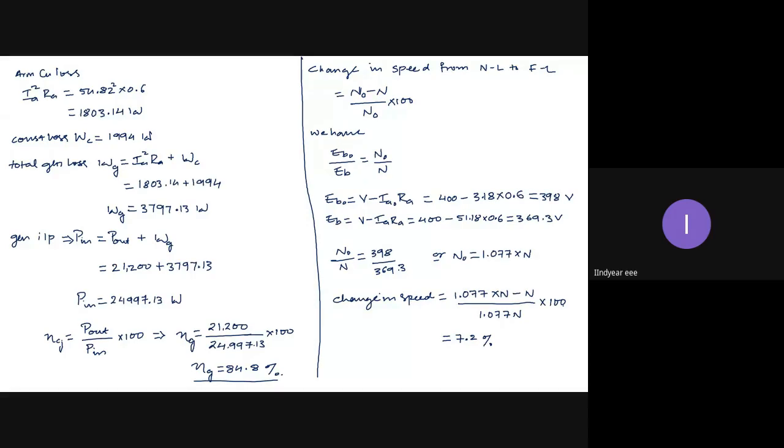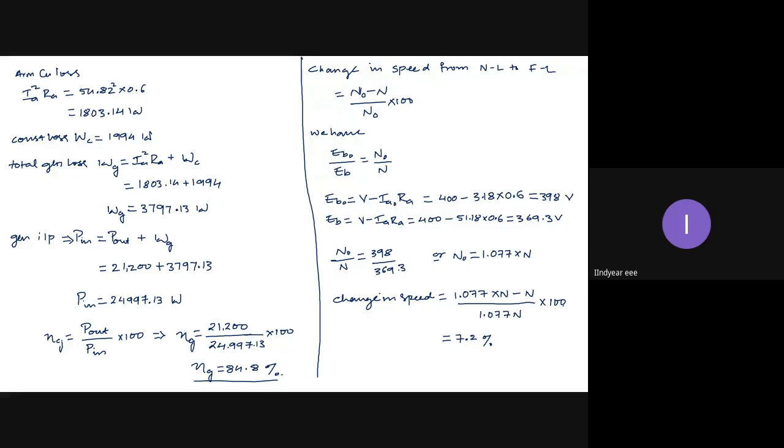Now, if you consider the change in speed from no load to full load in the case of an induction motor, it will vary by more than 20 to 30%. Therefore, this DC machine is known as the constant speed motor. When you vary the load from no load to full load, the motor speed will remain almost constant. You might observe this in the load test on a DC shunt motor, where the change in speed is very minimum. When you conduct the load test on three-phase and single-phase induction motors, you will understand the change in speed.